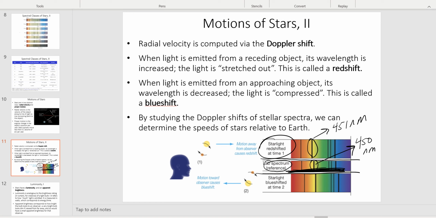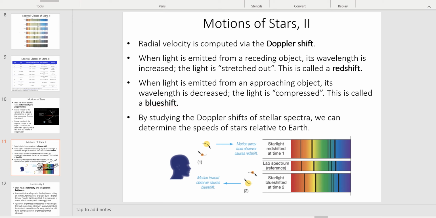And that's how we determine that this star is redshifted. And by looking at the size of the shift, whether it's 1 nanometer, 10 nanometers, etc., we can figure out the speed of the star. Because the faster the star is moving away from us, the more redshifted the light will be. And exactly the same thing applies to blue shifted. It's just shifted in the other direction.